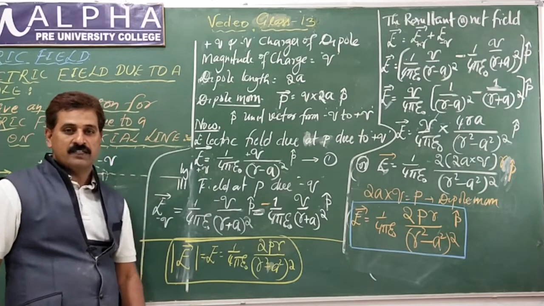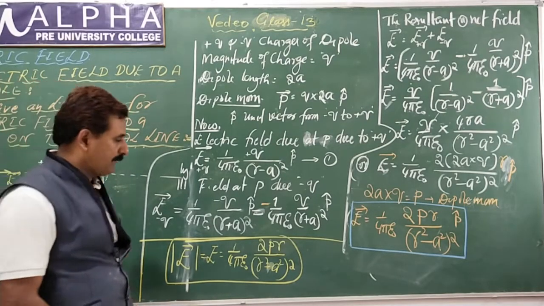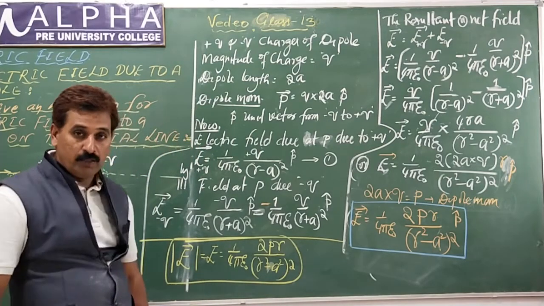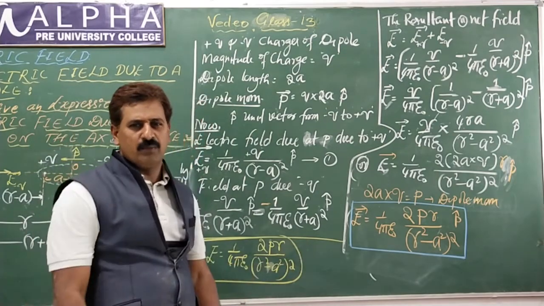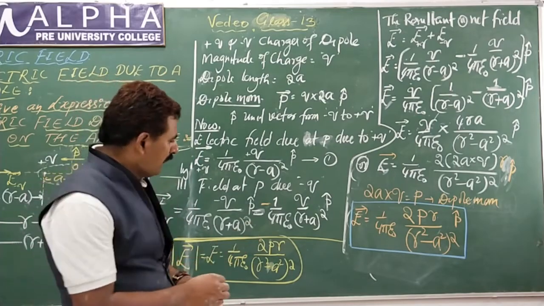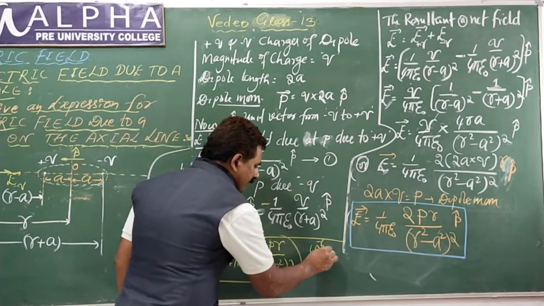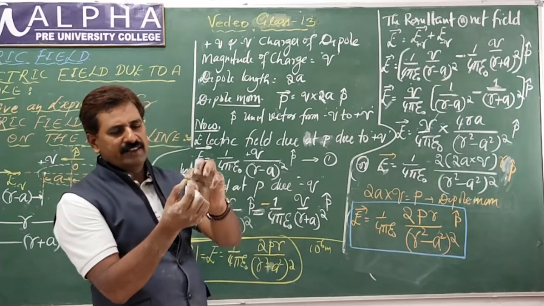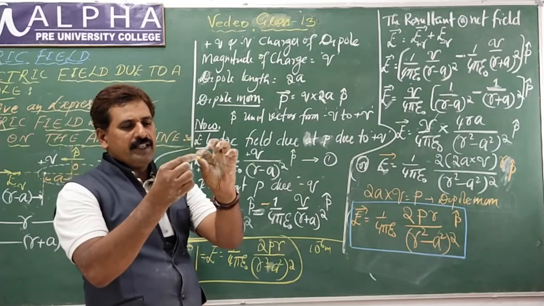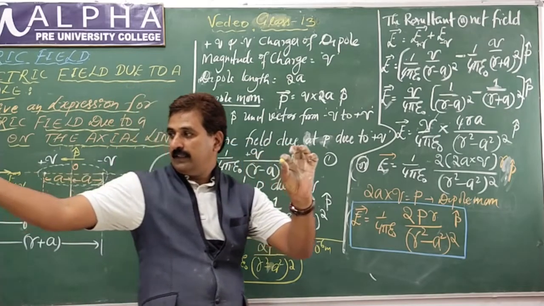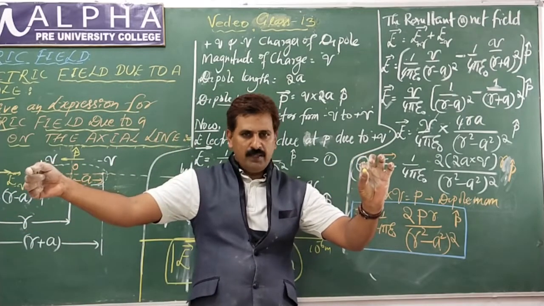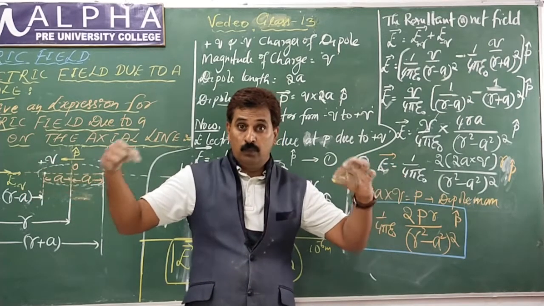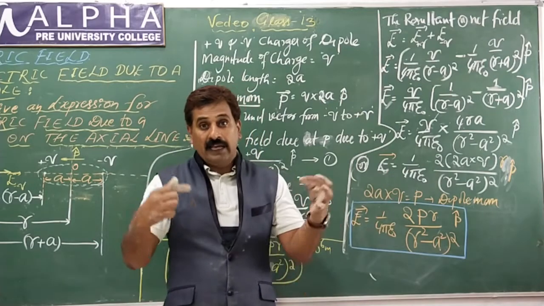One more simplification is there in your notes, students. Sometimes, for very short molecules, the molecular length is about a micron. Micron means 10 power minus 6 meters. Look at this distance, maybe 1 meter: how many micrometers? 10 power 6, 10 lakh.